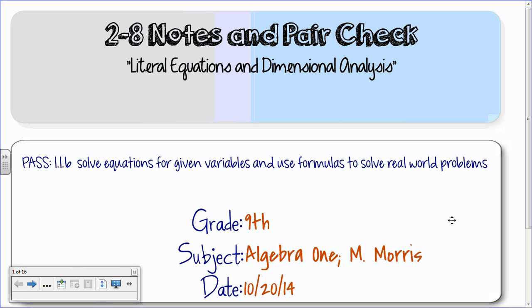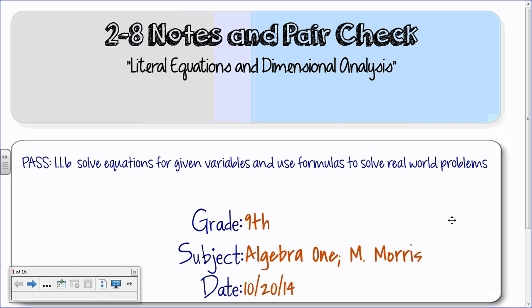The EOI test, ACT test, PSAT test, SAT test, they're real big on this stuff. You're going to see a lot of it on there. Literal equations and dimensional analysis.